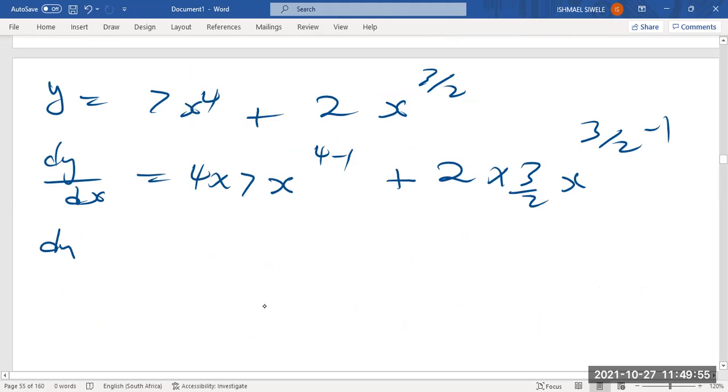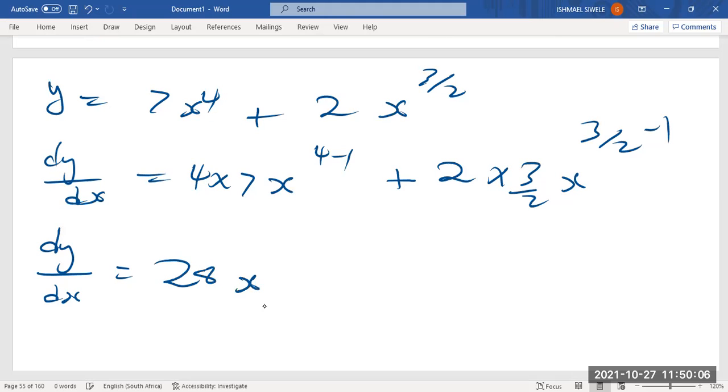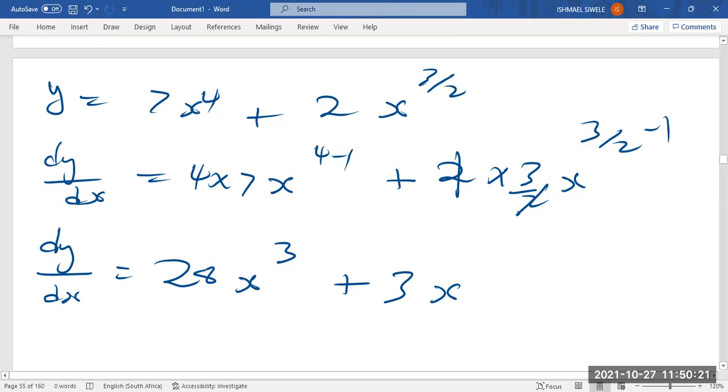And then dy over dx is going to be equal to what? 4 times 7, this is 28, then x exponent 3, plus this one is going to take care of this one: 3 x exponent 3 over 2 minus 1, that is x exponent 1 over 2.